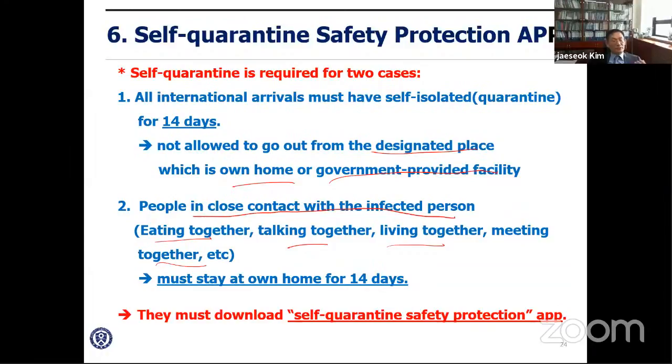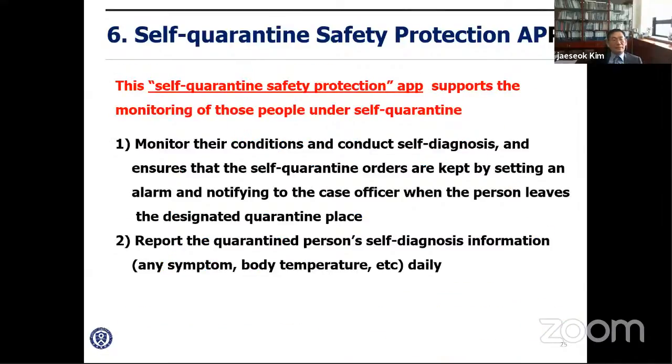But in this case, they must download this protection app. This app supports the monitoring of those people under self-quarantine. So this app is used to monitor their conditions and conduct self-diagnosis and ensure that self-quarantine orders are kept by setting the alarm and notifying the case officer when the person leaves the designated quarantine place.